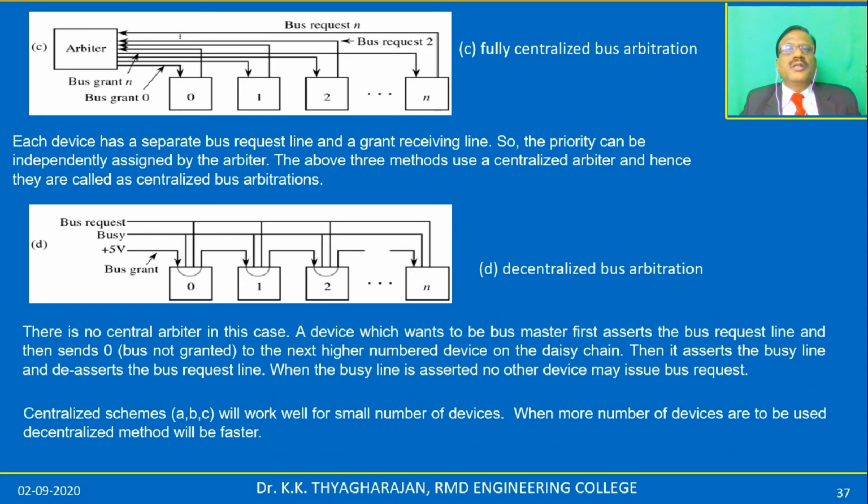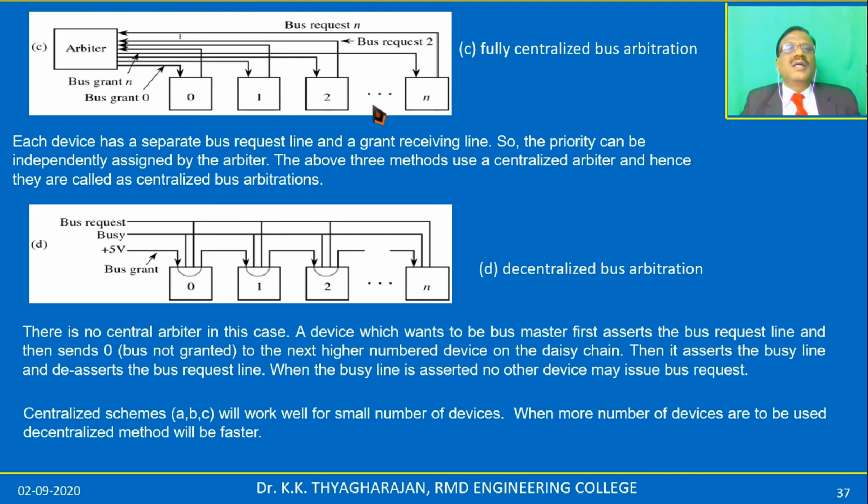In the third method, a centralized arbiter is used, called fully centralized bus arbitration. Here, all the devices will have a separate bus request line and a separate bus grant line. All the bus request lines will be connected to the arbiter, and the arbiter will issue the bus grant signal individually to all devices.